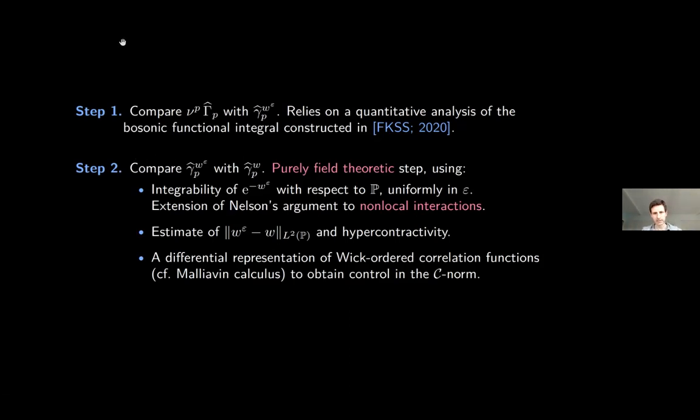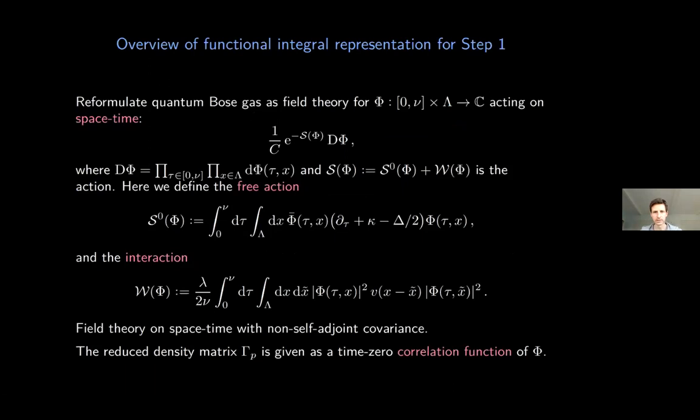Let me now explain the setup of step 1. So how does this functional integral work, and how can you do analysis on it? I will start with something that's completely non-rigorous, but it gives you a good intuition for where this functional integral comes from. In fact, this formal functional integral for the interacting Bose gas is relatively well known.